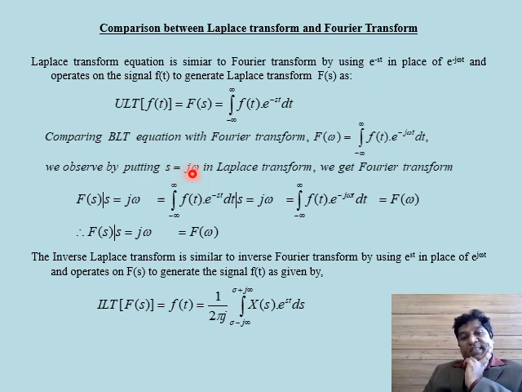So if we put s equal to j omega in the Laplace transform, we will get the Fourier transform. F(s) with s equal to j omega gives the Fourier transform F(omega). That's the relation between the Fourier transform and the Laplace transform. You have to substitute s equal to j omega in the Laplace transform, then you obtain the Fourier transform.